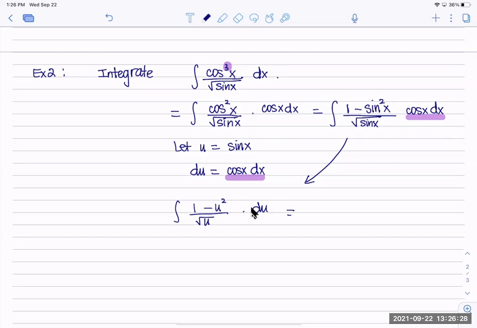Every time you see a fraction and the denominator is just a single term, we're gonna break down the fraction into multiple fractions. So we have 1 over square root of u minus u squared over square root of u du. Because they have the same common denominator, you can do that.